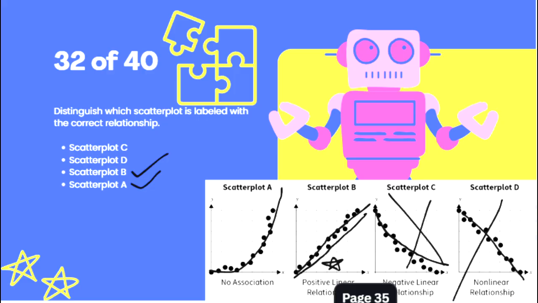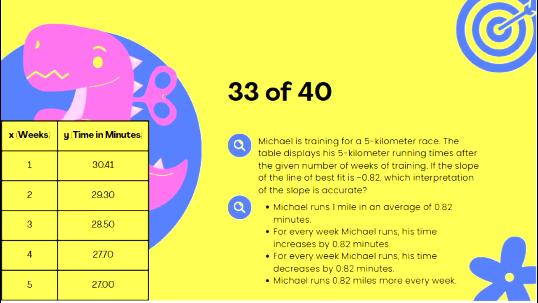I don't know. 33. Michael is training for a 5-kilometer race. The table displays his 5-kilometer running times after the given number of weeks of training. If the slope of the line of best fit is negative 0.82, which interpretation of the slope is accurate? So we know that m is equal to negative 0.82. Michael runs 1 mile in an average of 0.82 minutes.